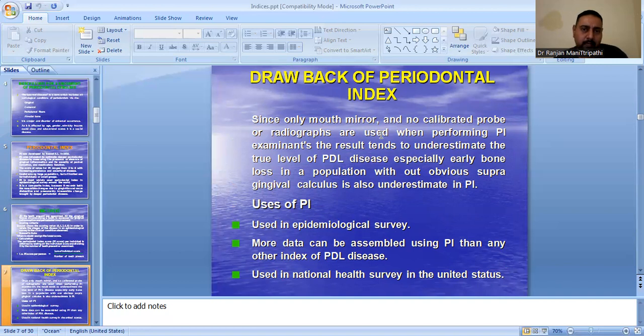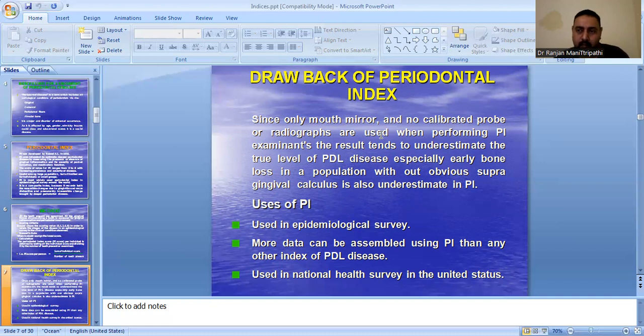Drawbacks of periodontal index. There are a few drawbacks. Since only one mouth mirror and no calibrated probe or radiographs are used when performing periodontal index, the result tends to underestimate the true level of periodontal disease, especially early bone loss in a population without obvious supragingival calculus.